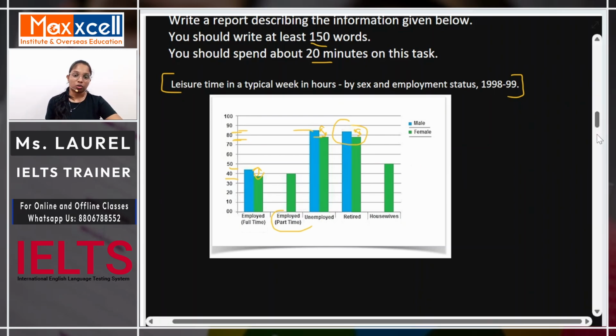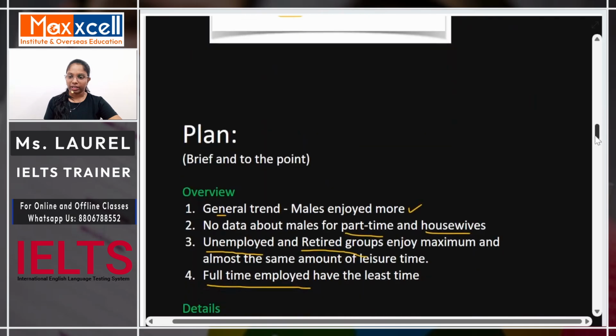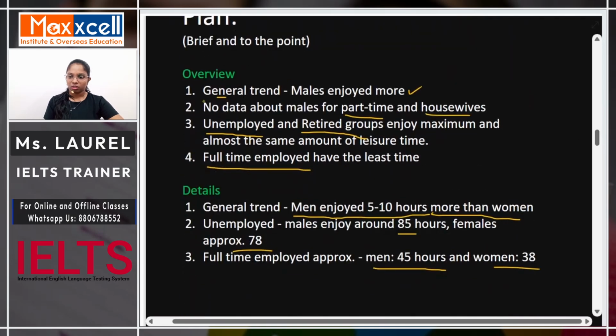If you are having a lack of words, then maybe you can think of including more details. But your first job needs to be to have the details that support your overview, correct? In the overview, there are 4 points that we have taken, and we have supported them here in these details.